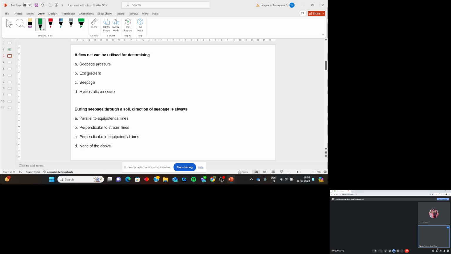Think exit gradient. Consider a dam here. This is the upstream, this is the downstream. You are constructing several flow nets.